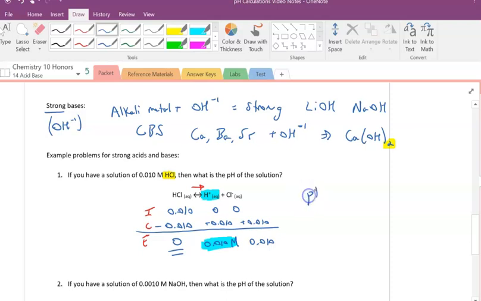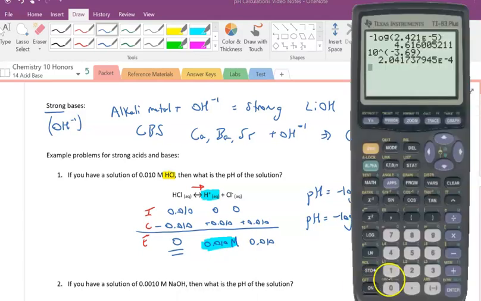So if I want to solve for pH, I'm taking the negative log of my H plus concentration. pH equals negative log 0.010. Plug this into my calculator. I'm going to take the negative log of 0.010, and I get 2.